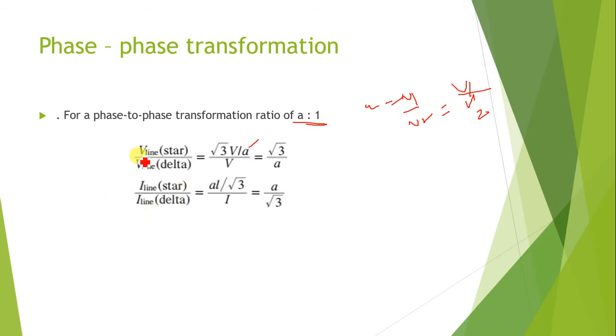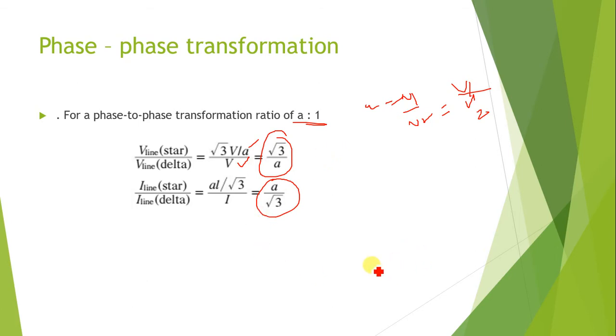The line voltage in delta is nothing but V, which is equivalent to root 3 by A. Similarly, I line when star by delta is equal to A by root 3. These are the phase transformations in case of star and delta.